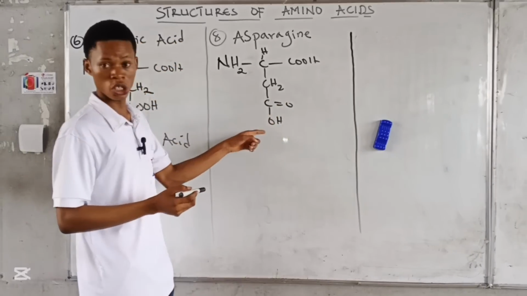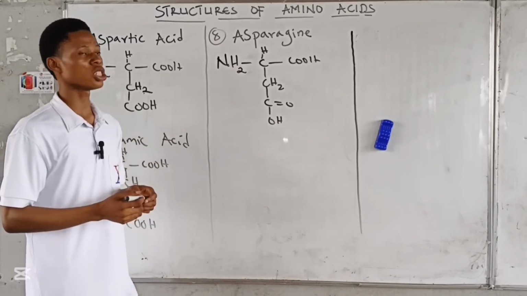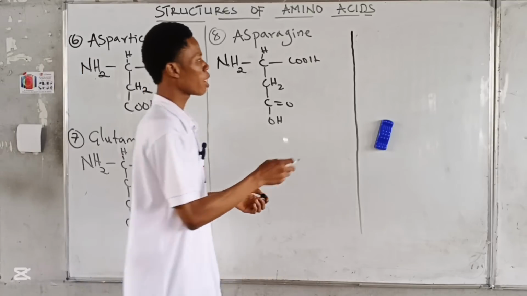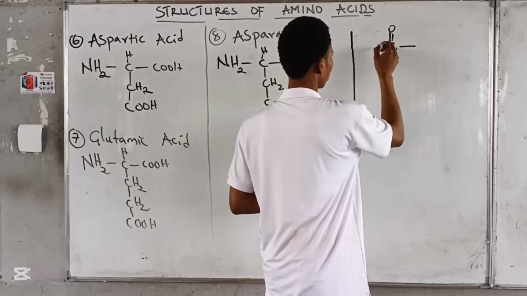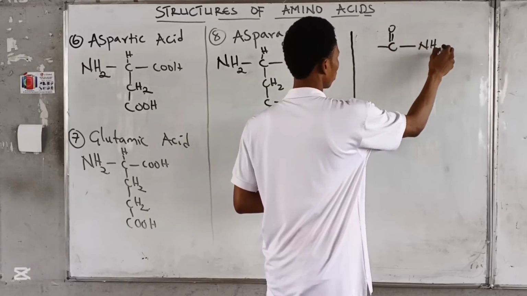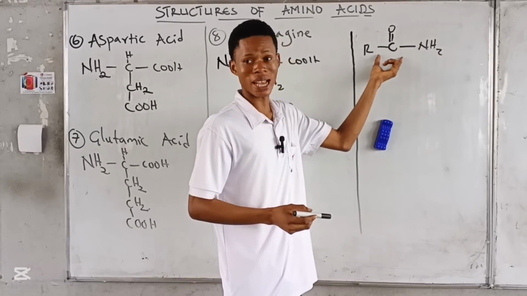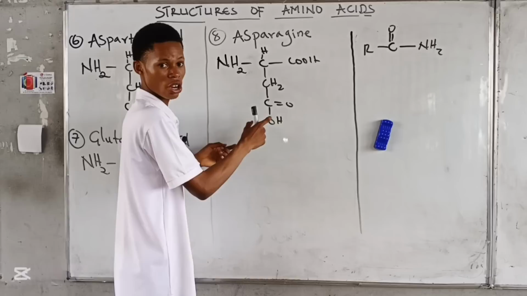This is same thing as COOH now. This stuff here is same thing as this. But we said asparagine is an amide amino acid, right? Amide is like this. Right? Amide, we have an amino group linked to a carbonyl carbon. We already have a carbonyl carbon here, right?